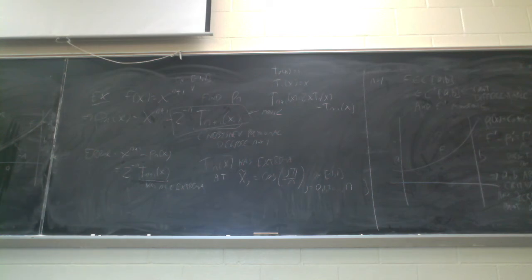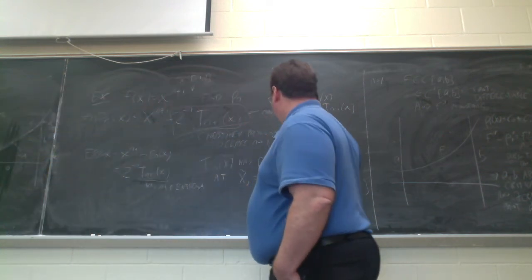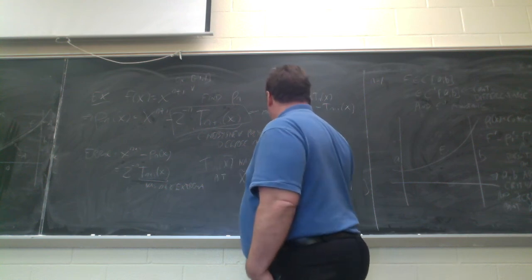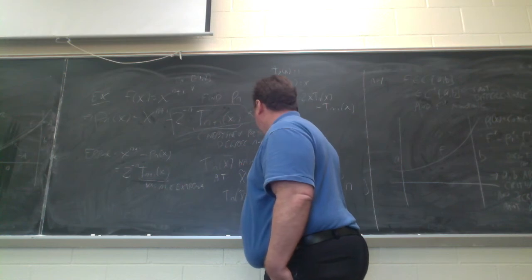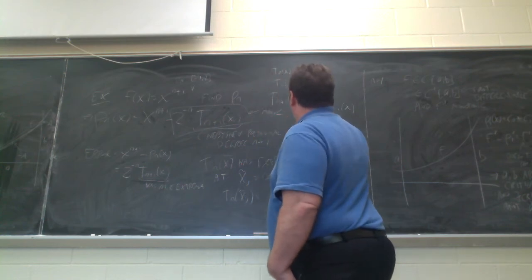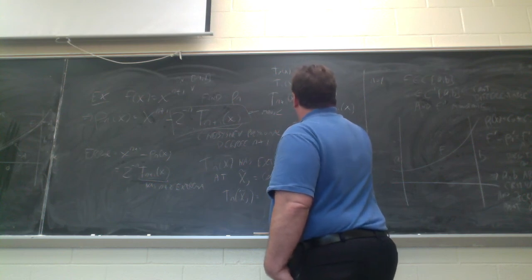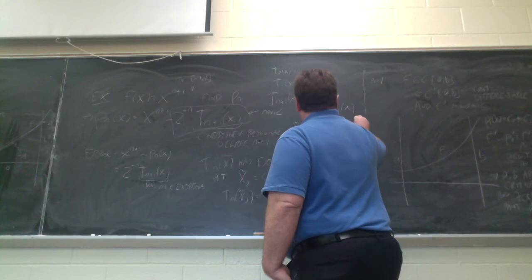And to see why, we need to plug in those extrema. What are the extreme values? Now this is for Tn, but it works the same way. So Tn of xj tilde is equal to, well, here's the formula. Tn of x is cosine of n inverse cosine of x.